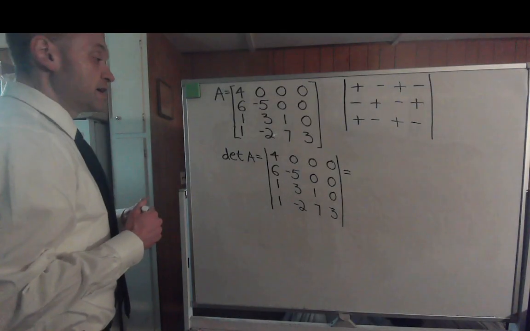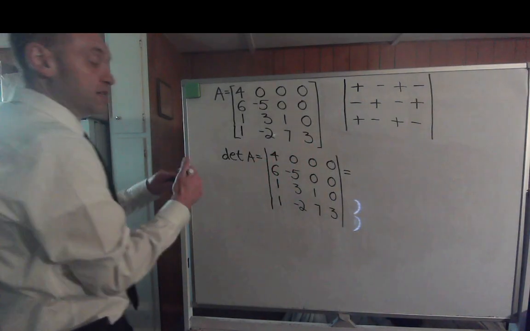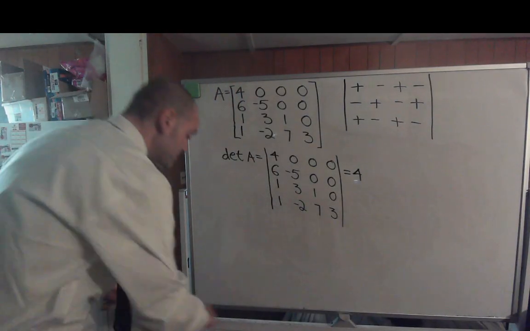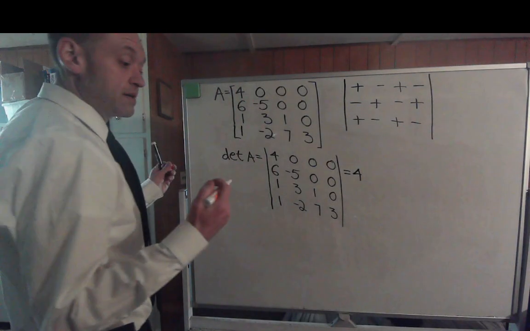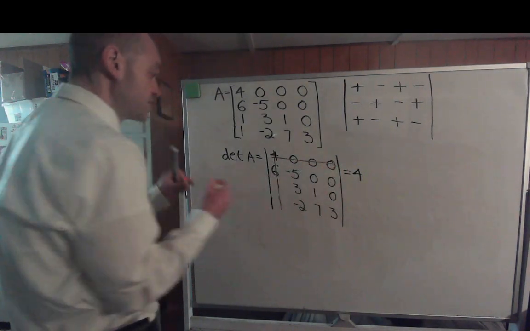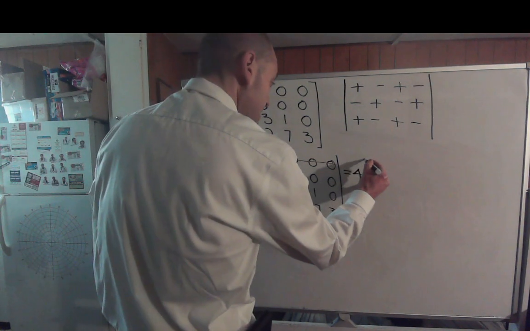Because if we look at my coefficient determinant, that should be a positive on that 4, so it's going to end up being 4 times the result of when I take the column and the row in which that 4 occurs and strike it out. I'm going to get a 3 by 3 determinant as the result.